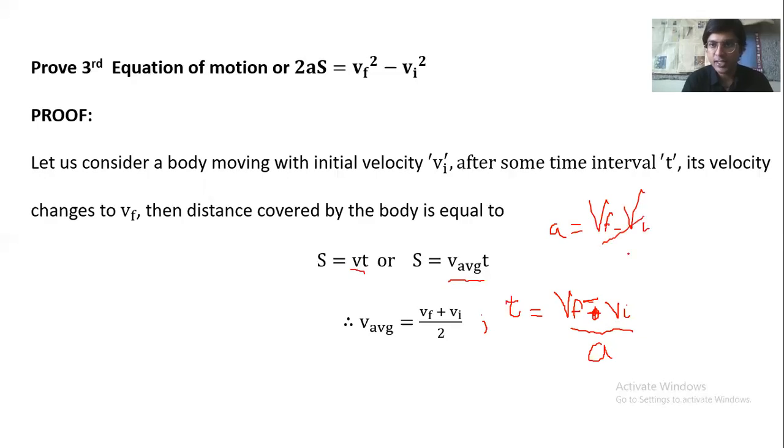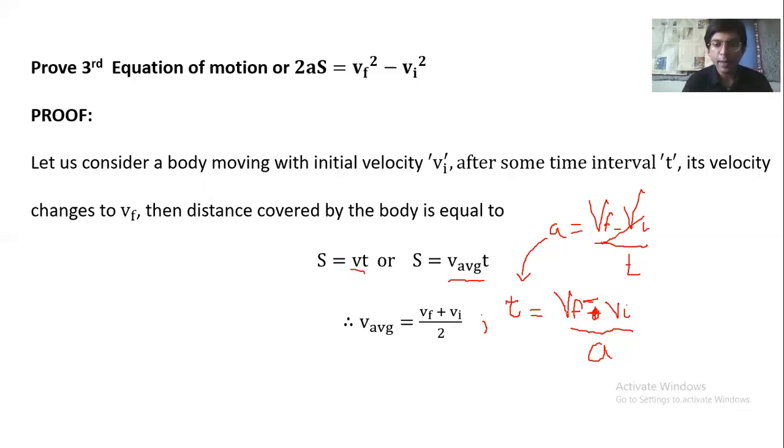This is the formula that you have learned before. With the help of this formula, you can derive the formula for t. I have just put t in the numerator and A in the denominator, so it becomes t is equal to Vf minus Vi upon A.